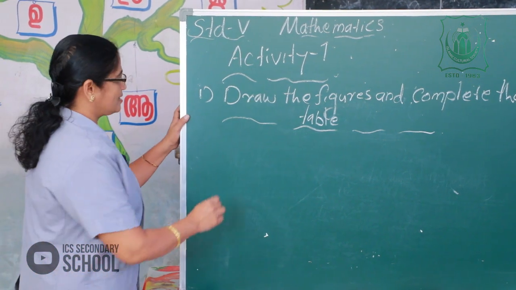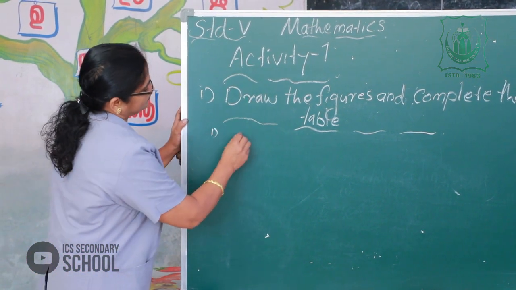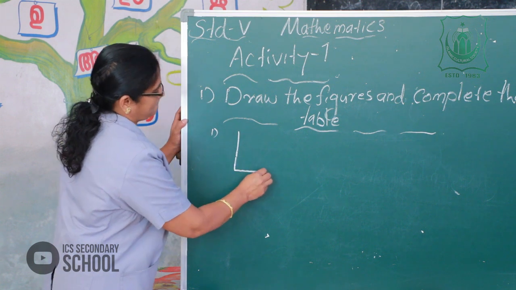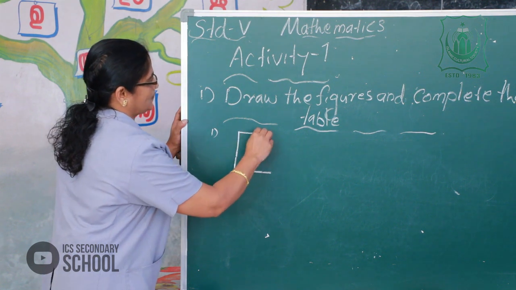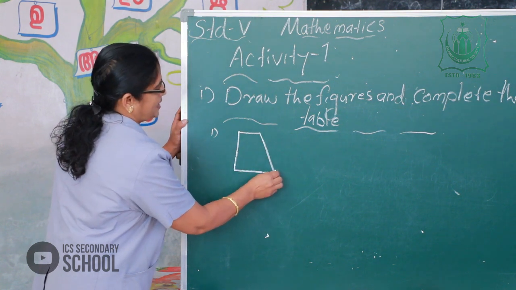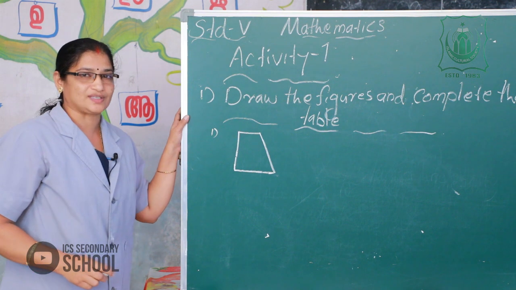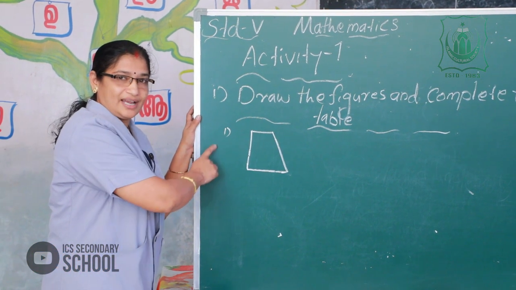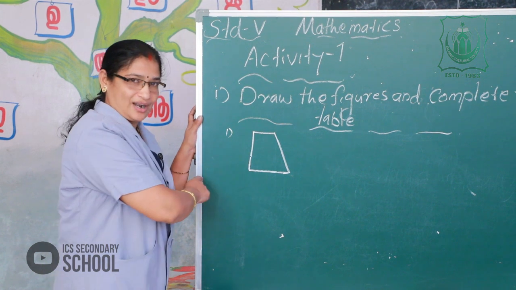Okay, draw the figure. The first figure. How many sides in this figure? 4 sides. It's a quadrilateral.